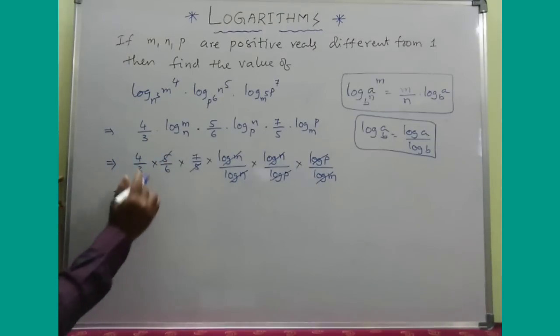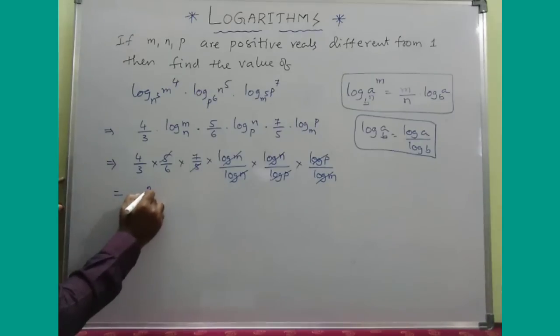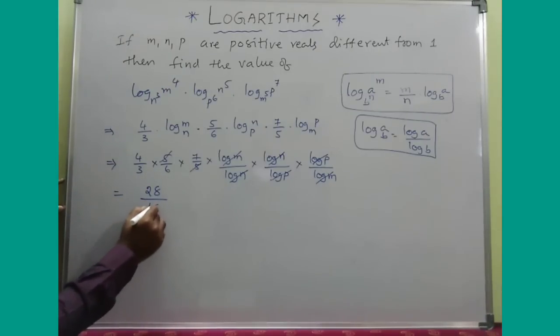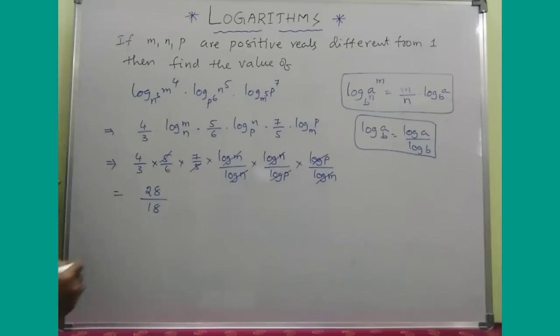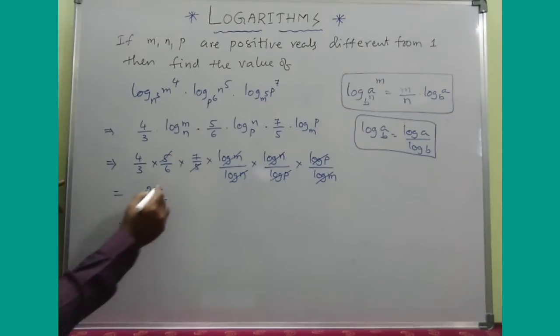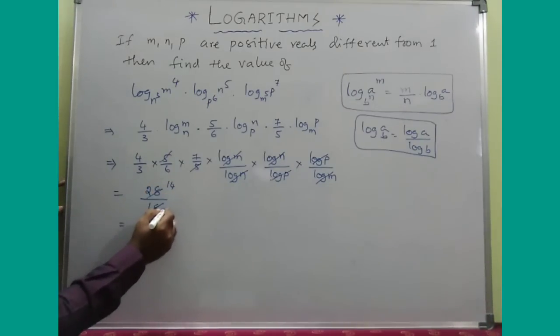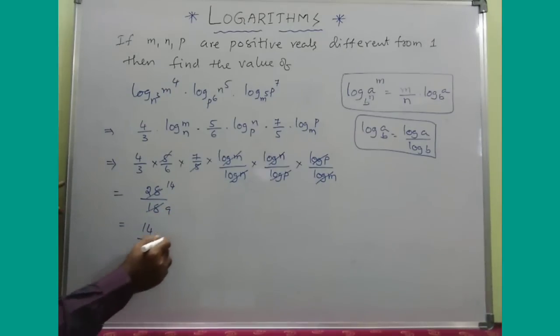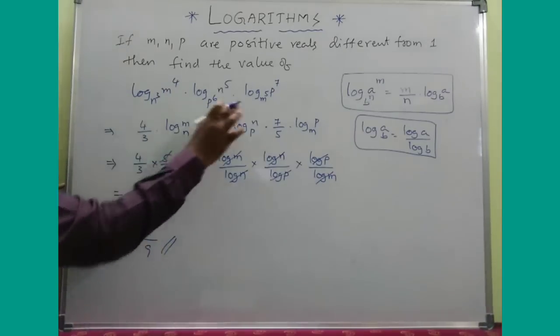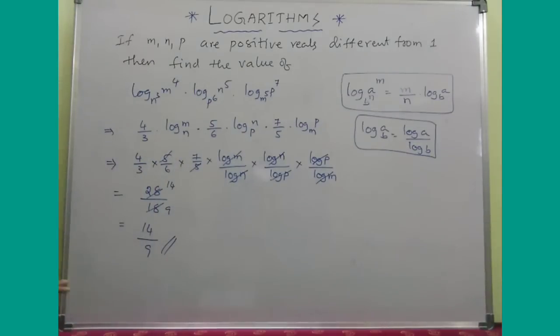Now 4 into 7 is 28 by 3 into 6, which is 18. If you cancel 2, we get 14 by 9. Hence the product of the given logarithms is 14 by 9.